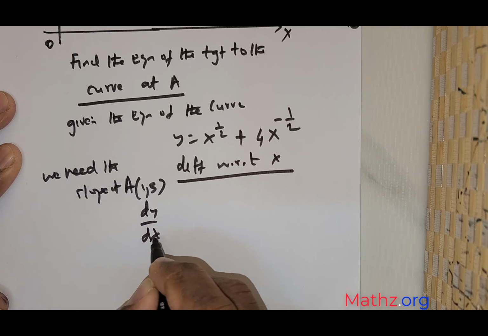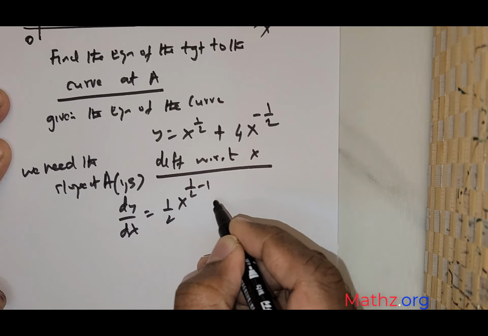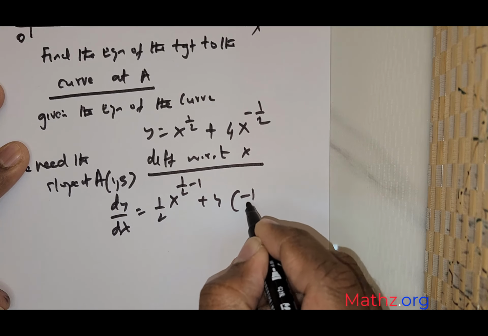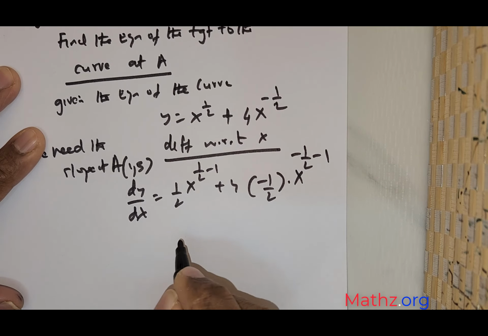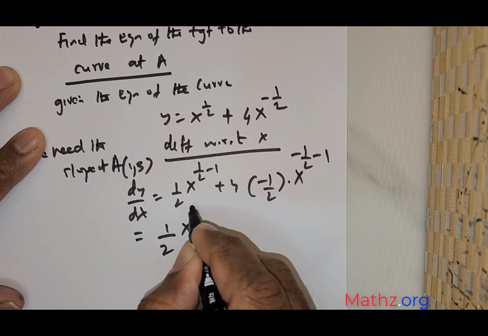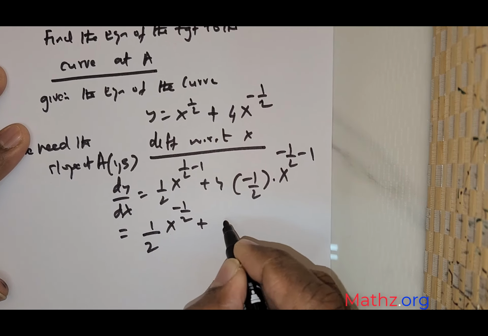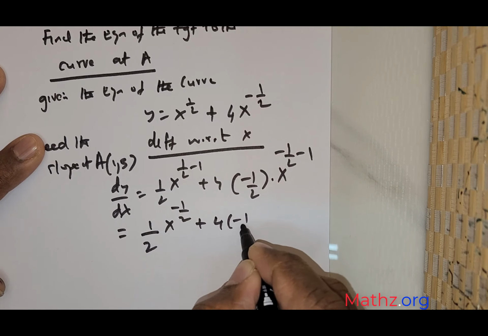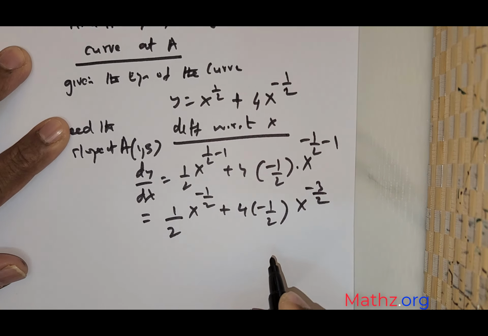So dy over dx is going to be 1 over 2 times x raised to the power 1 over 2 negative 1, positive 4 times negative 1 over 2 times x raised to the power of negative 1 over 2 negative 1. This would give me 1 over 2 times x to the power 1 over 2 negative 1, that's negative 1 over 2, positive 4 times negative 1 over 2, and this is going to be x raised to the power of negative 3 over 2.